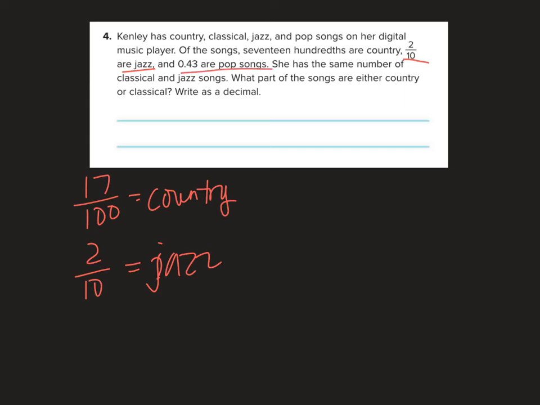And 43/100 are pop songs. Now, because the other two are in fractions, I'm going to switch this to a fraction. So this is 43/100 equals pop. She has the same number of classical and jazz songs. Okay, so jazz, so that means she has 2/10 classical.